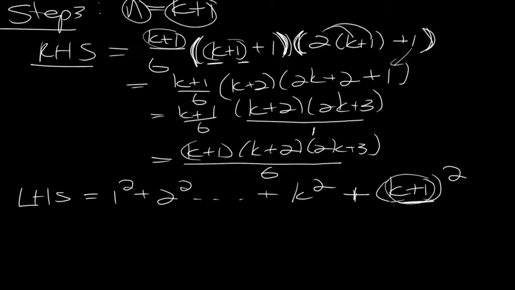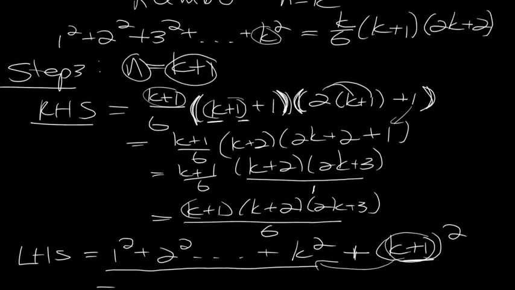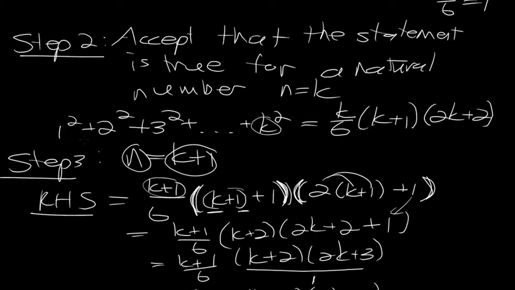But remember, the term just before (k plus 1) squared must be k squared, and we use this method because we know 1 squared up until k squared is equal to, and that's why we did step 2. We know that 1 squared up until k squared is the same as k over 6, (k plus 1), (2k plus 1).